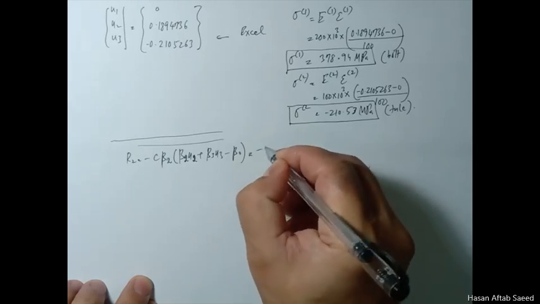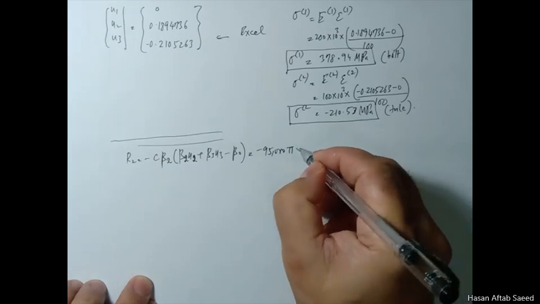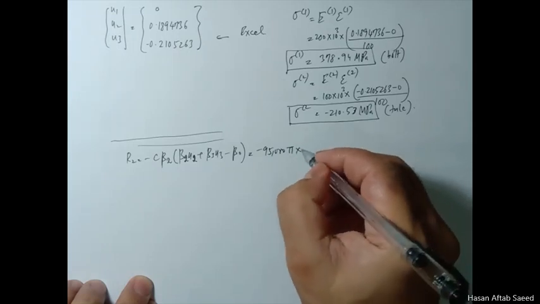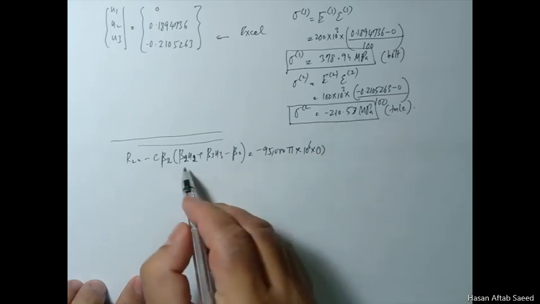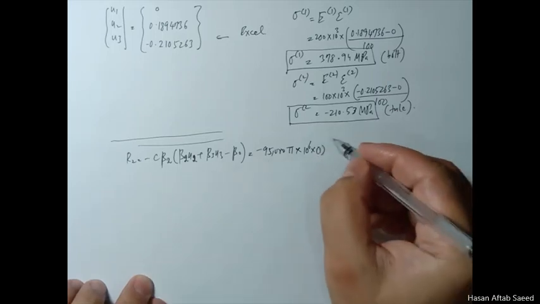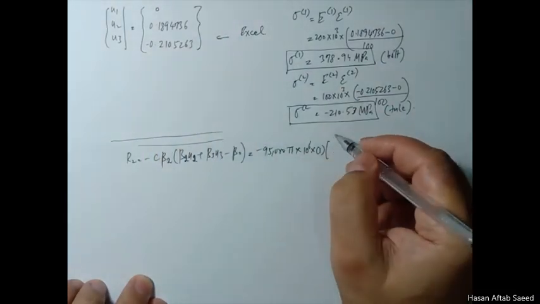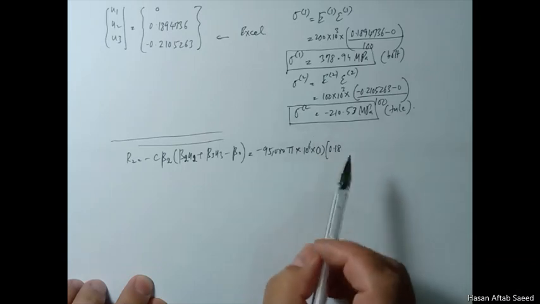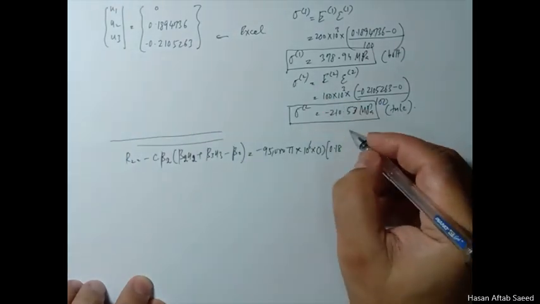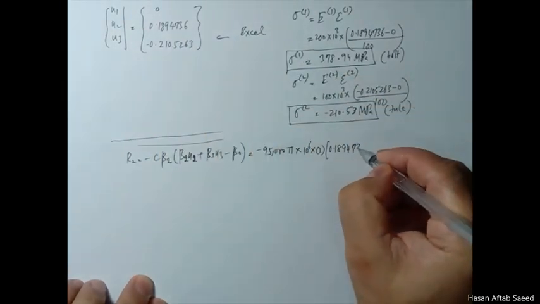And this is again trying to preserve the accuracy and avoiding decimal numbers. 10 raised to power 6. This is C. This is your beta 2, and then you have again the values 0.1894736.